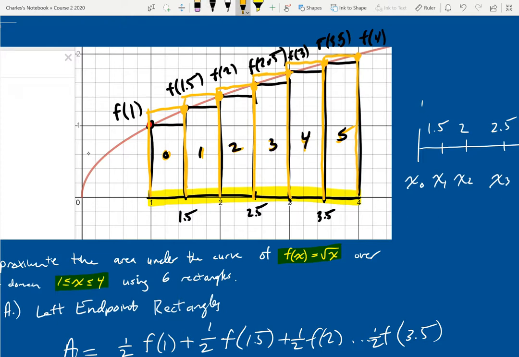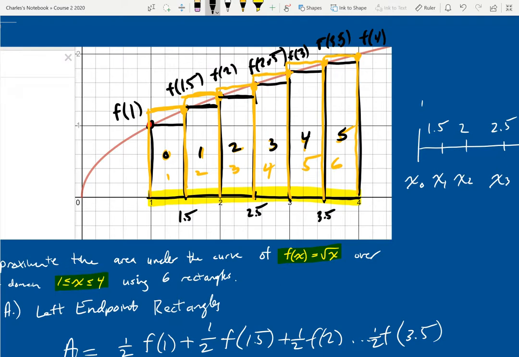And what I want you to be able to see is that there's a lot of overlap here. Okay, the first orange rectangle right here is equal to the second black rectangle, okay? The second orange rectangle is equal to the third black rectangle. So these formulas have a lot of things in common.